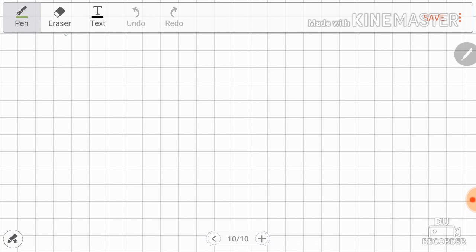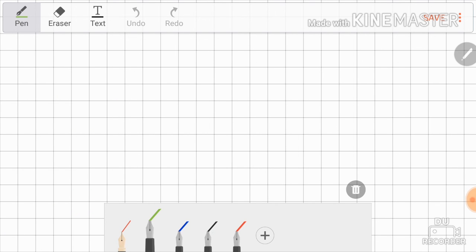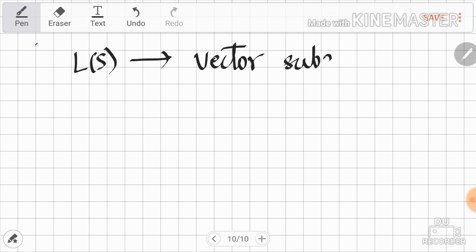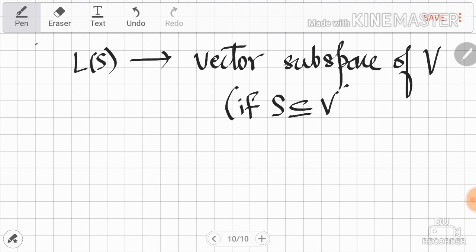So you can always make a guess about L of S. And the guess is that L of S always turns out to be a vector subspace of the vector space V. Of course, if your S is a subset of V. And this is very much trivial to check.